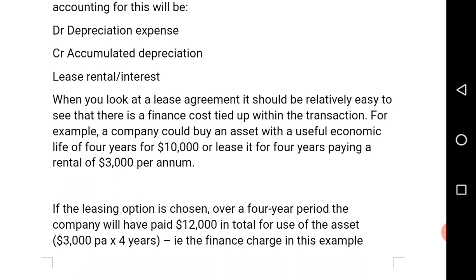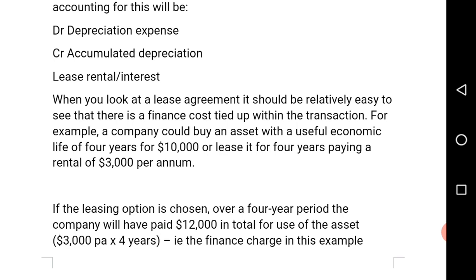So 4 times $3,000, the total payments to be made for the asset over its life, is $12,000. Now the cost of the asset itself was $10,000. So the difference, $12,000 less $10,000, which is $2,000, is the gain to the lessor, the interest cost. This is a gain to the lessor, but a cost to the lessee.